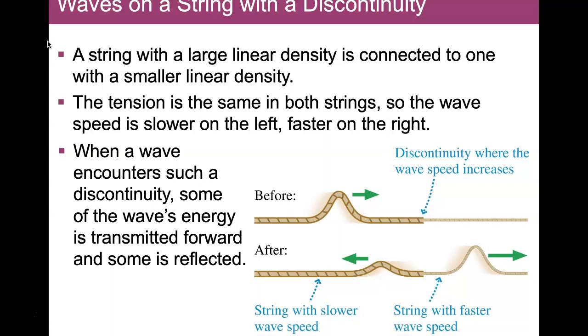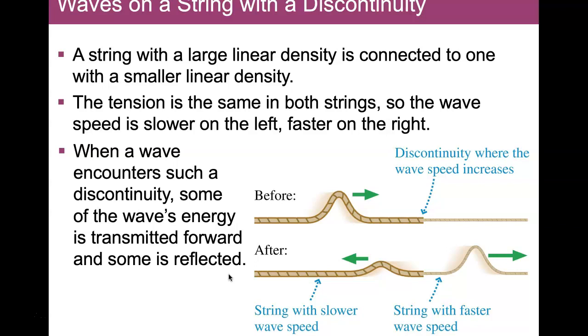Now, it turns out that there's more to this story, right? So when you have some pulse or some wave incident on an interface, like here, you have a pulse traveling along the thicker rope and it hits the interface with the thinner rope. What happens is some of it gets transmitted, some of it goes through, and some of it always gets reflected.